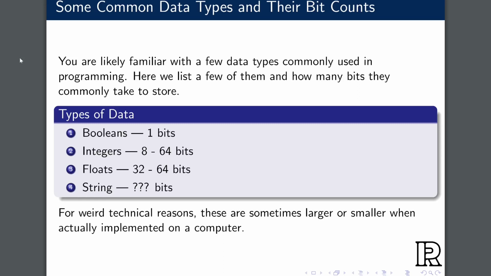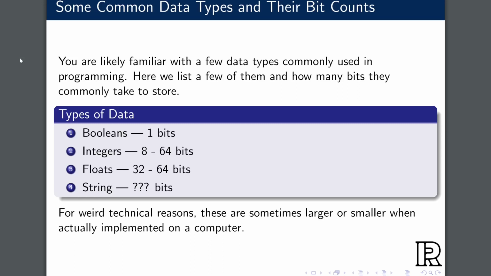Anyway, now I'm going to assume that most people listening to this have a background familiarity in computer programming, at least up to the level of maybe having worked with some Lua before or some other programming languages. And so there are a couple of data types that you are likely familiar with. These are ubiquitously stored using bits, and there are some common amounts of bits that we often choose to store these things.